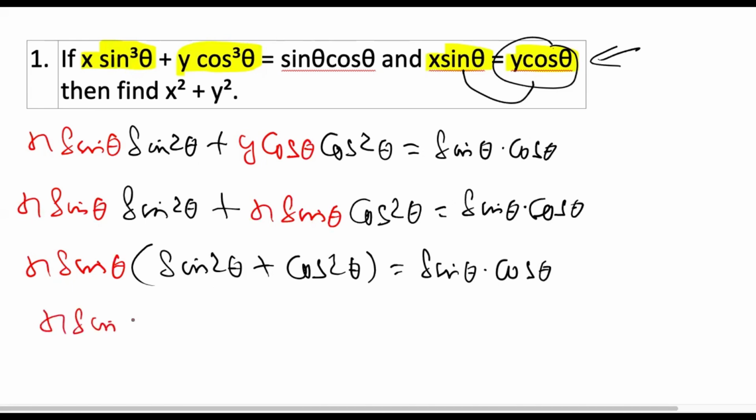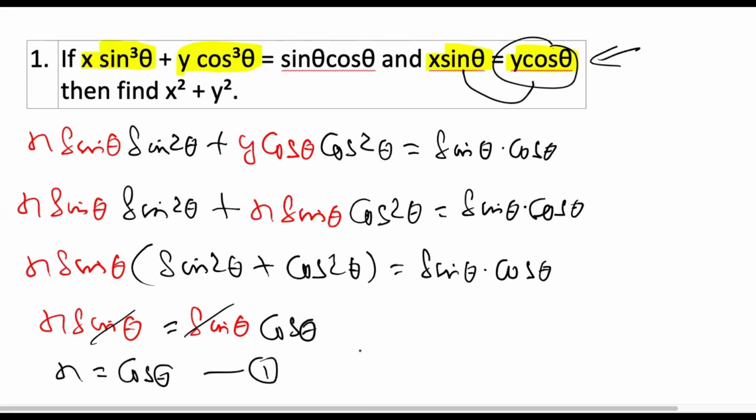So it is x sin theta is equal to sin theta into cos theta on the right hand side. So this sin theta gets cancelled, and we get the value of x as cos theta. So I'll mark this as equation 1.